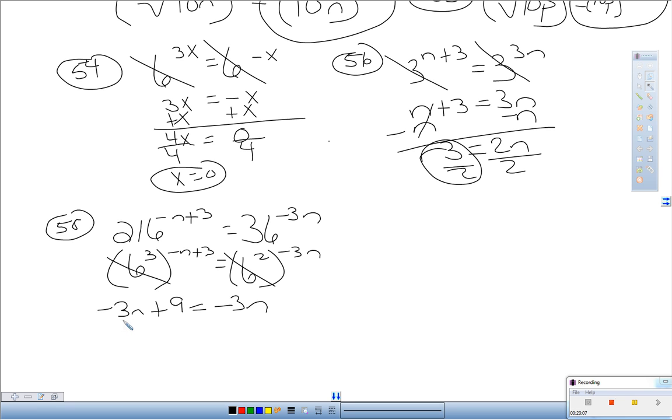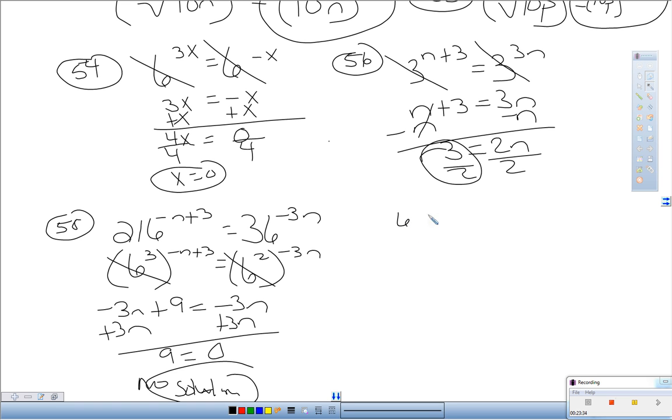And so then add 3n to both sides, so I get 9 is equal to 0. That means that there's no solution for that one. So there's no solution for number 58.